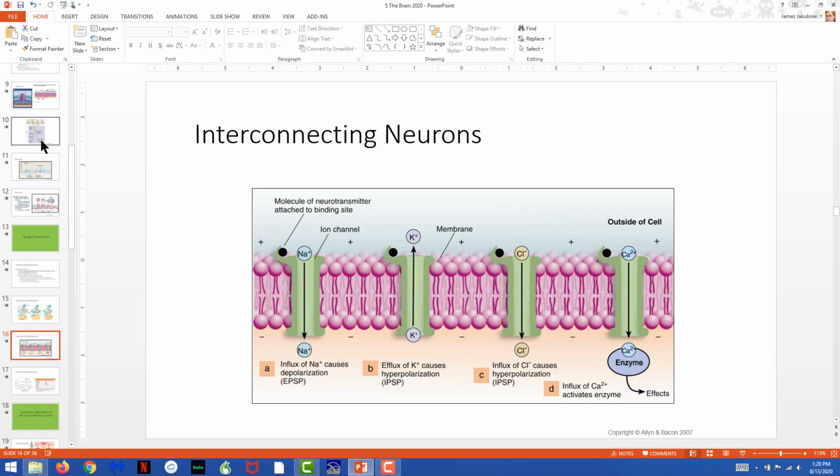So the calcium comes in, then the calcium has a role in initiating some other activity, oftentimes which leads to the genetic activity inside the soma. So in many instances, second messenger systems ultimately affect genes.